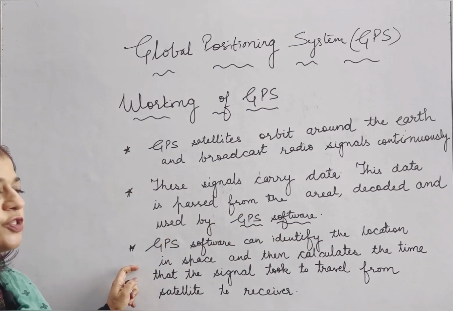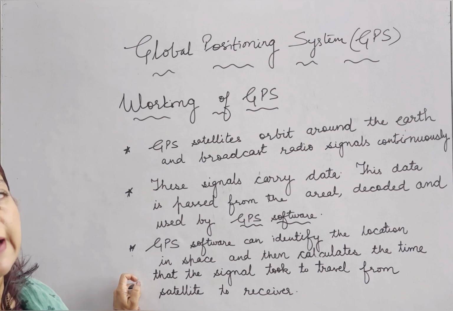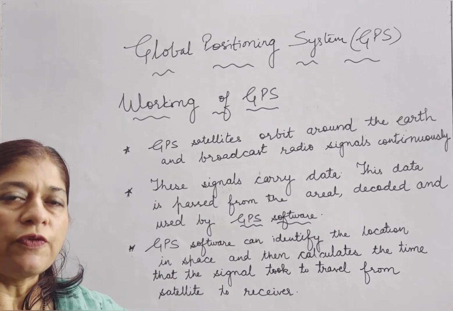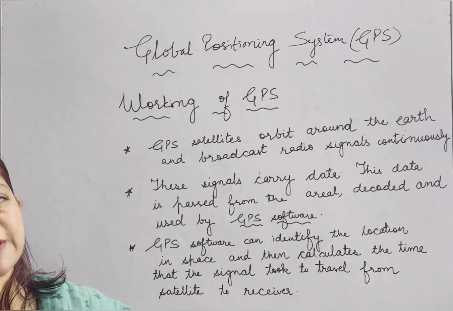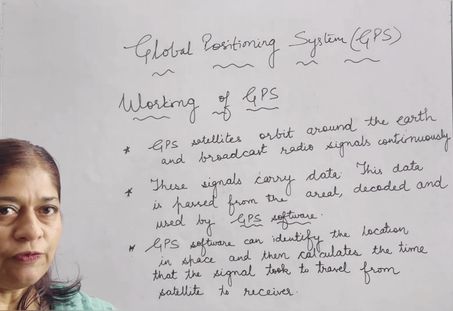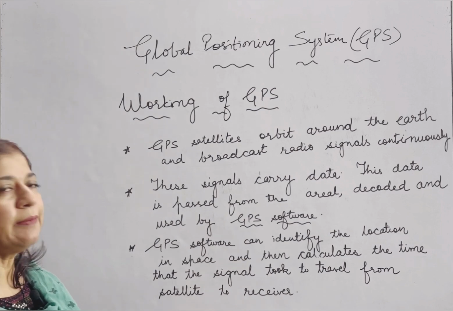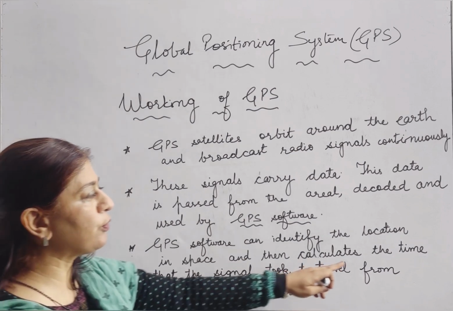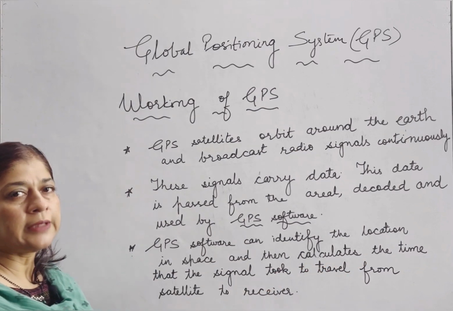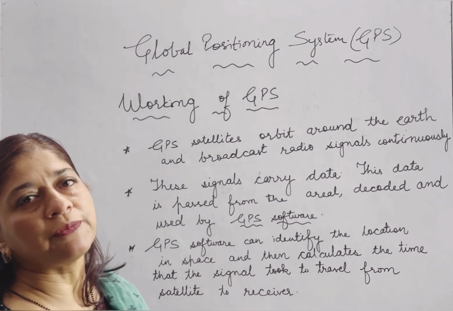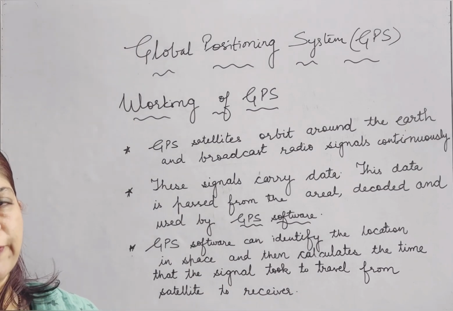Now, this GPS software, in the first step, can find out where the receiver is located. And the second important thing is it is able to calculate the time that has been taken by the signal to travel from the satellite to the receiver.